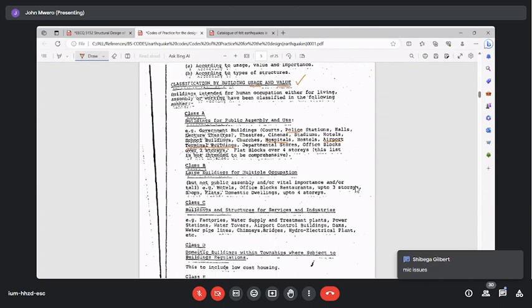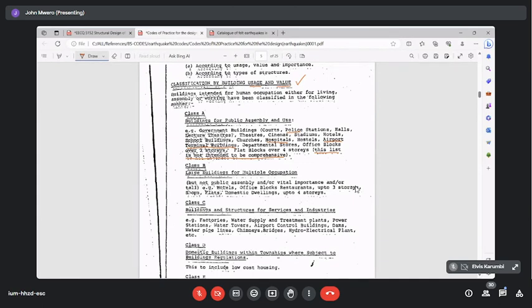Then it's also important to note that this list is not intended to be comprehensive. So you, as the designer, are free to add other buildings that you consider as important as this group of buildings. You can put them into this group.